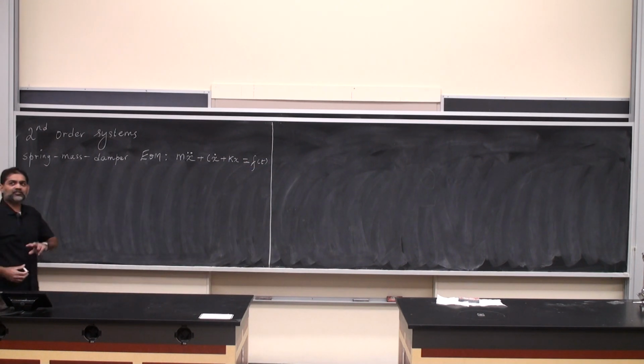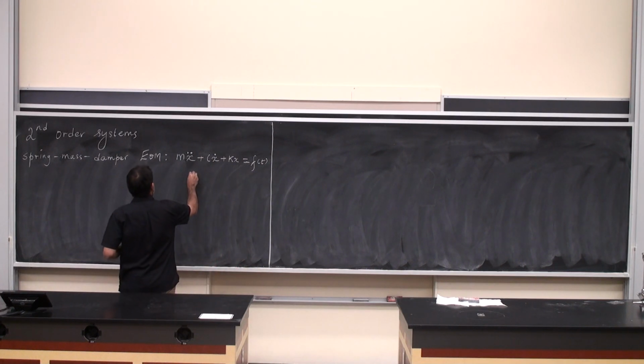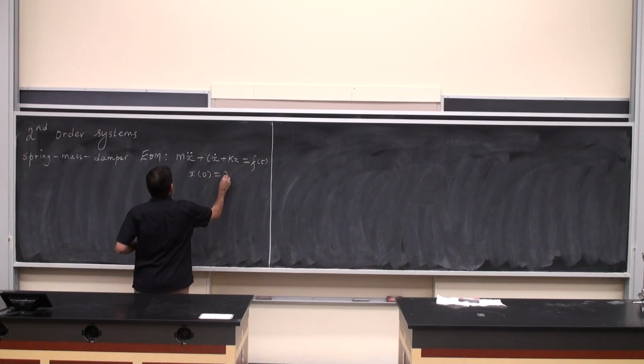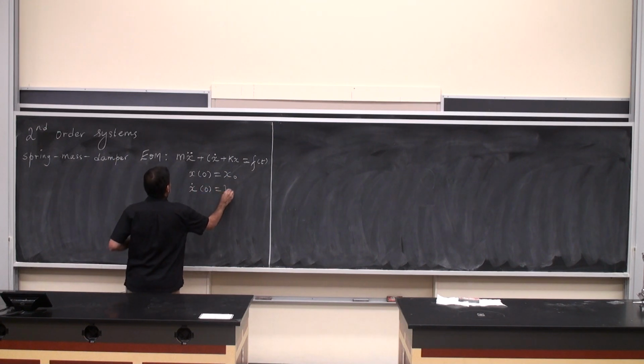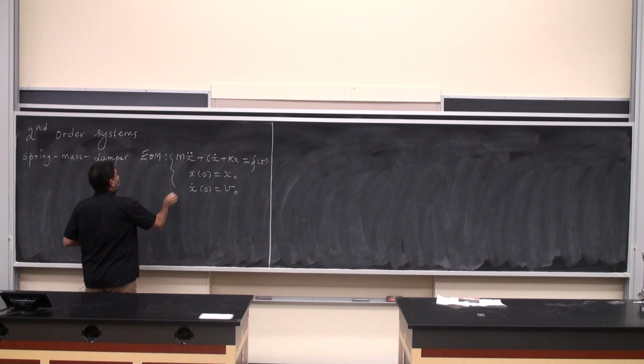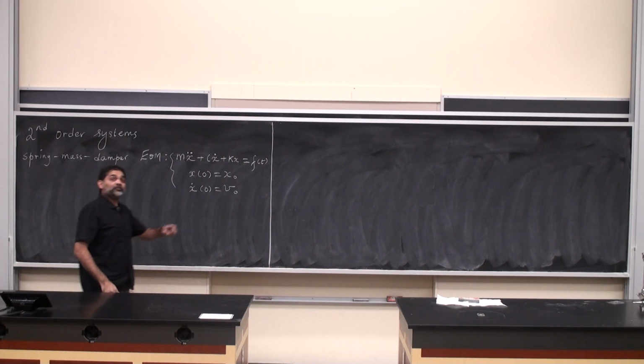Then we had some initial conditions. This is a second order system, so you have two initial conditions: x of 0 is x naught, x dot of 0 is v naught. People in the back, can you see my writing?